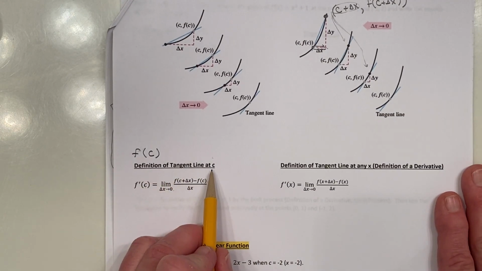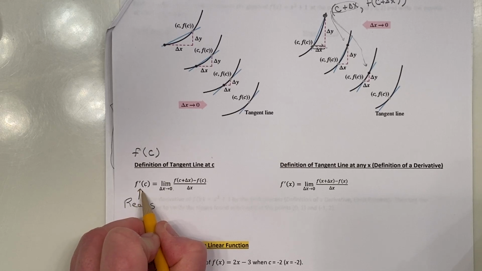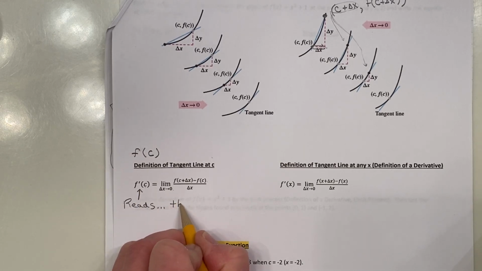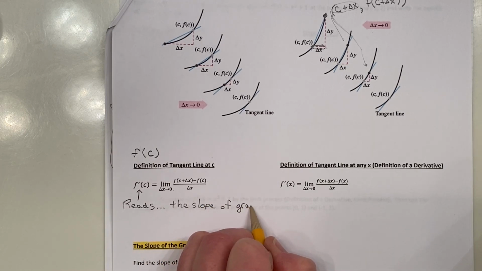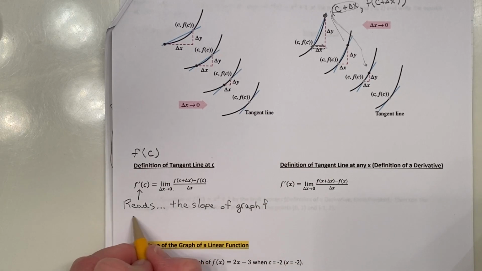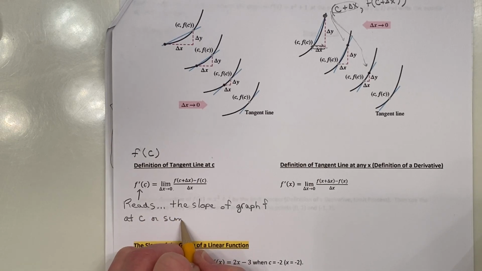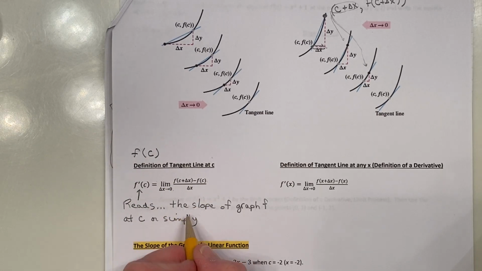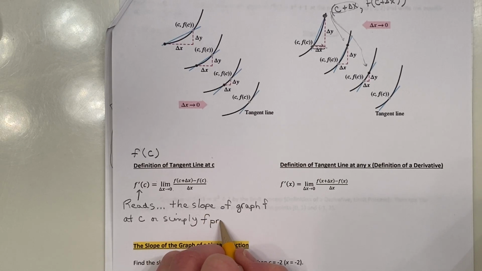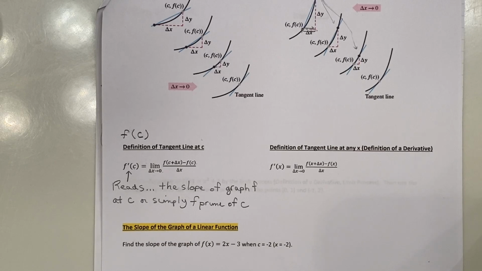So the definition of a tangent line at C, and this is how it reads: the slope of graph f at C, or simply, f prime of C. And when we read f prime of C, we should be thinking slope.